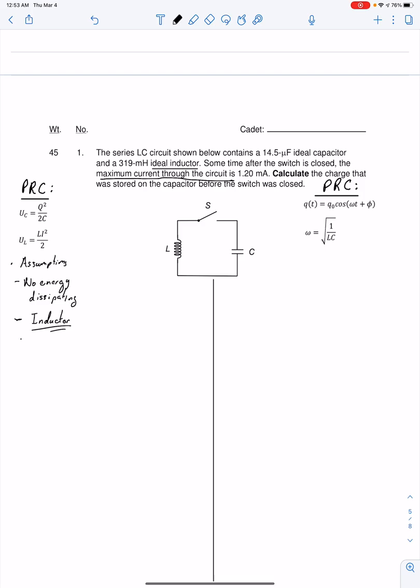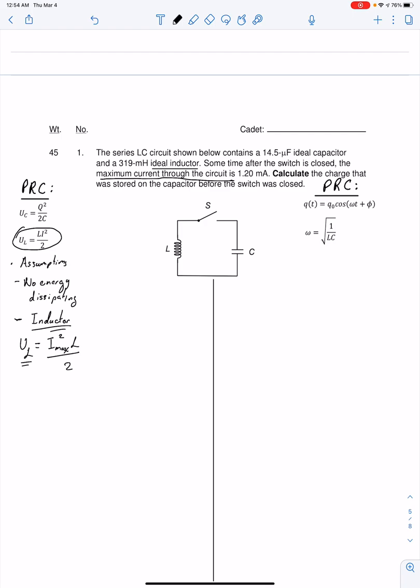And therefore, we can use our equation for the electric potential energy in the inductor, which is I max squared times L over 2. And this is denoted in this equation in the PRC as well, because it is saying the maximum current. That is why we can use this equation.